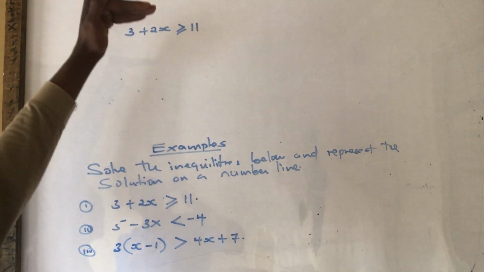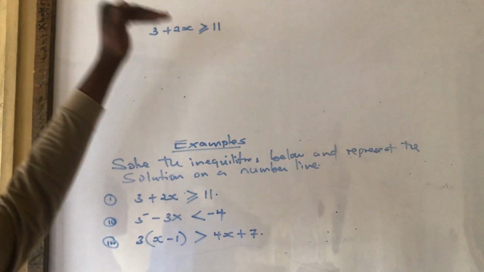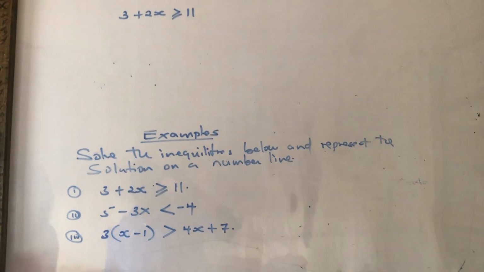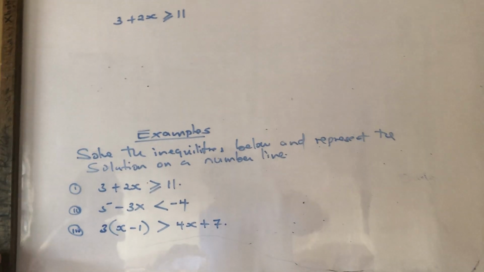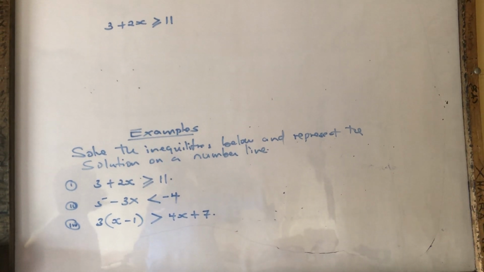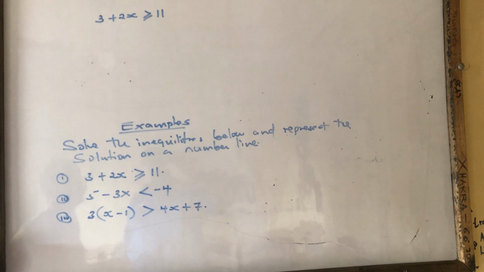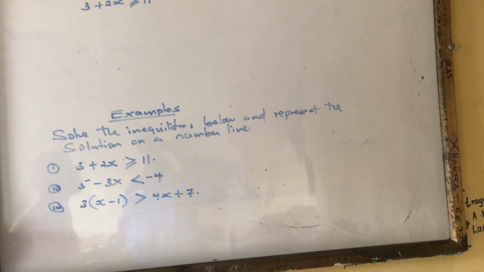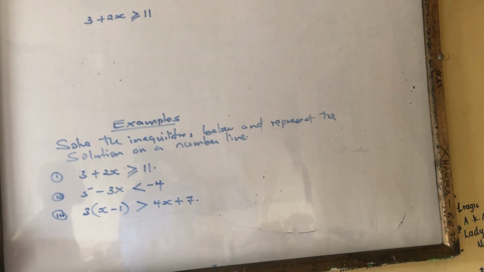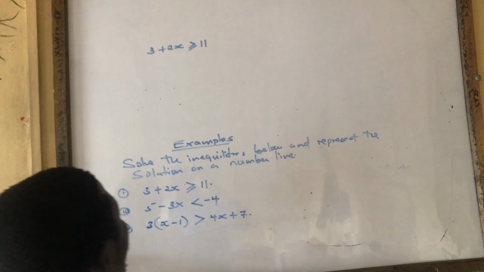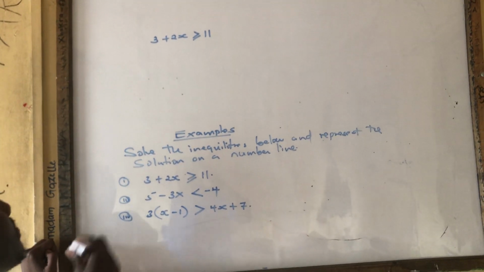How do we solve this inequality? In order to solve this inequality, the normal rules of mathematics will not change. The normal rules require me to put like terms together. 11 and 3 are considered to be like terms.